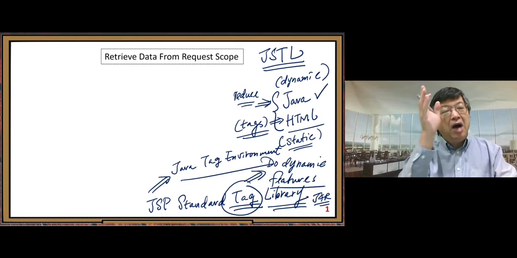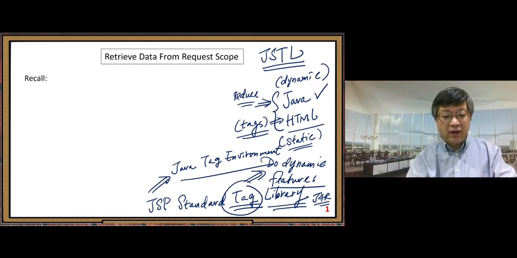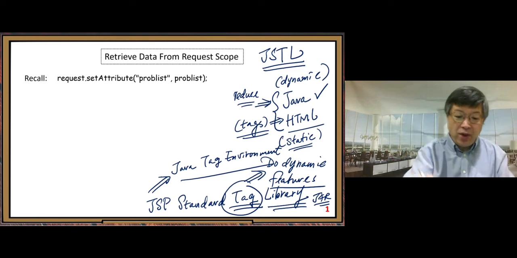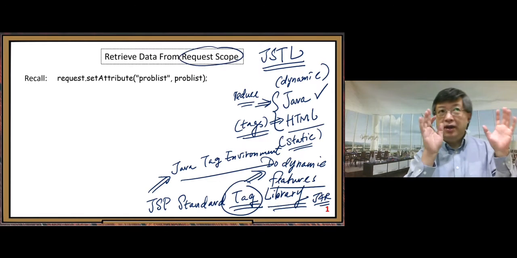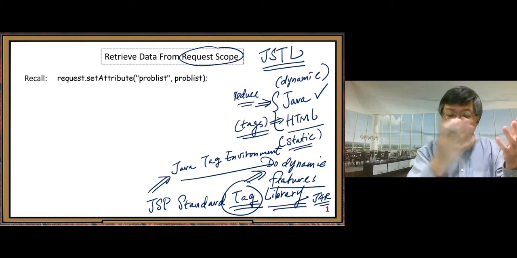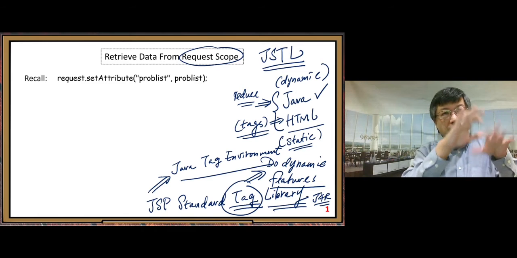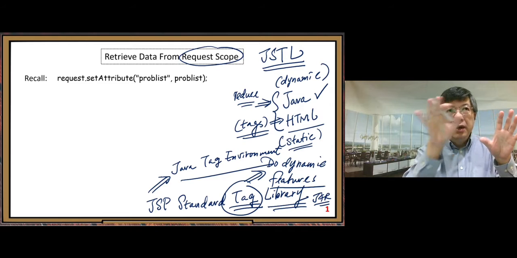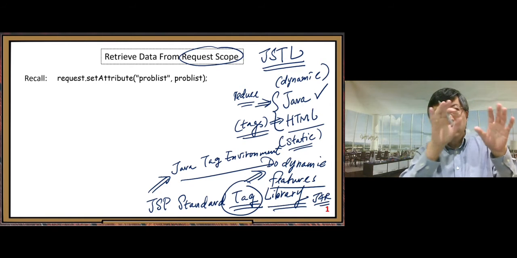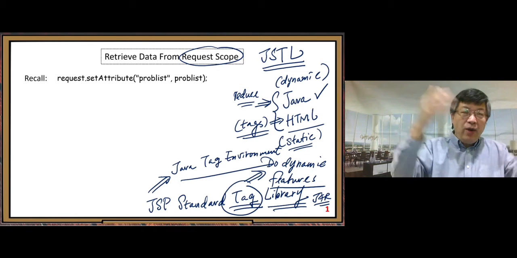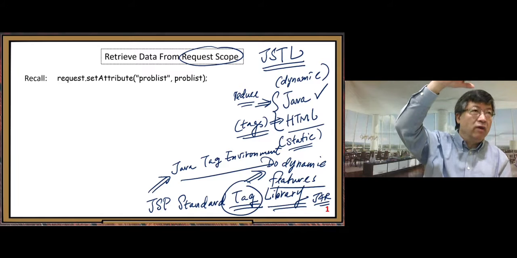Next, let me tell you how to use this technology. First, let's recall, how did we put our data in the request scope? In our controller, after we retrieve the data, we prepare it. We use Java beans to store the data row by row. Each row corresponds to one math problem. Then we have a whole list of Java beans.